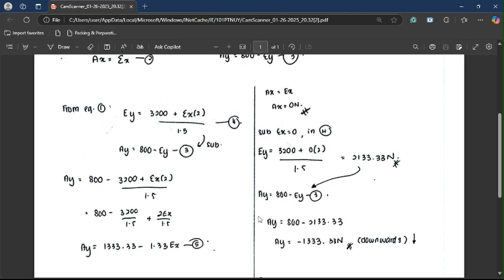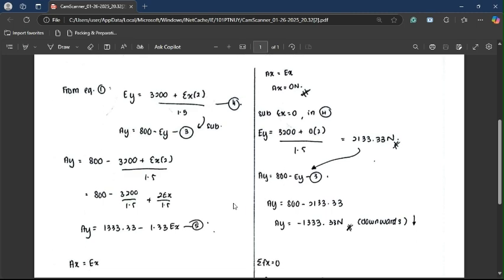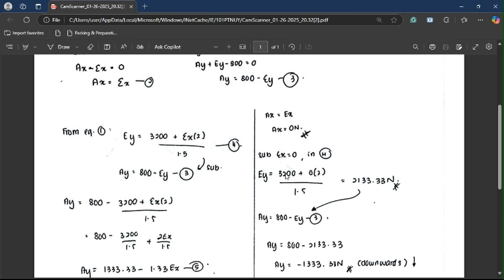So now we're going to find the Ay value. To make it easier, I'll take the third equation: Ay equals 800 minus Ey.